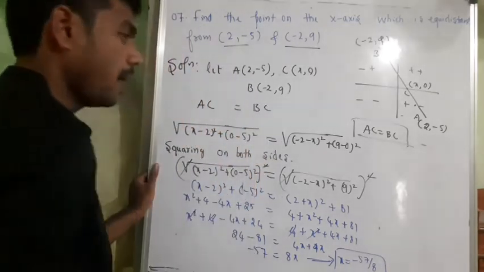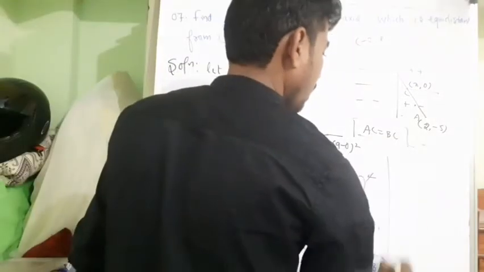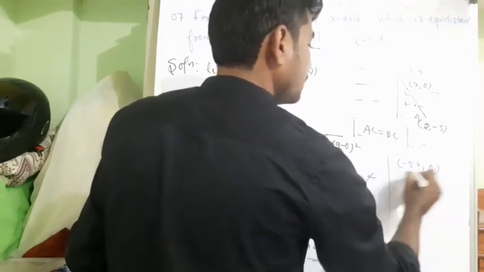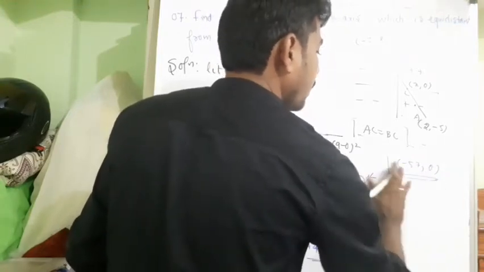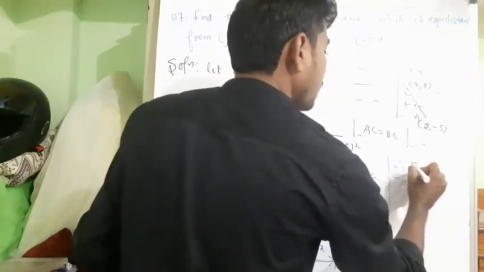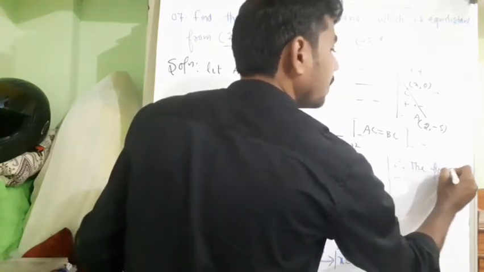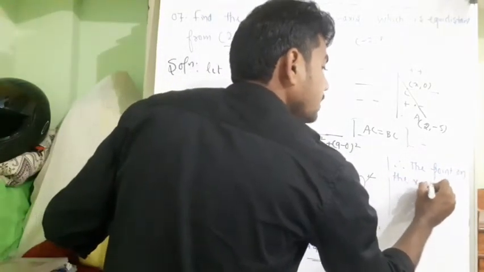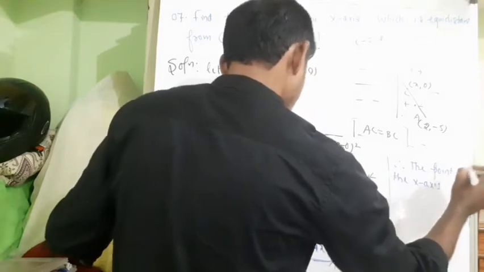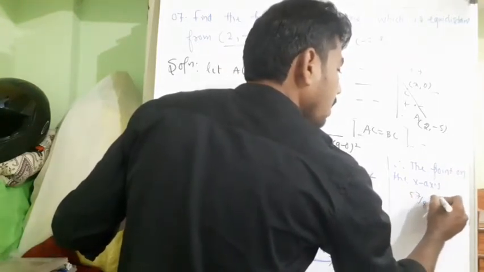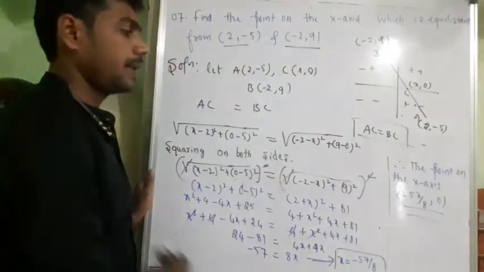Therefore the point on the x-axis is (minus 57 by 8, 0). This is your required answer. Please note this down.